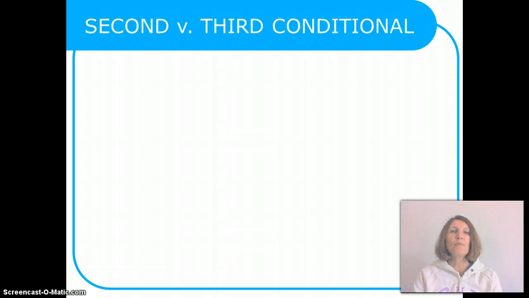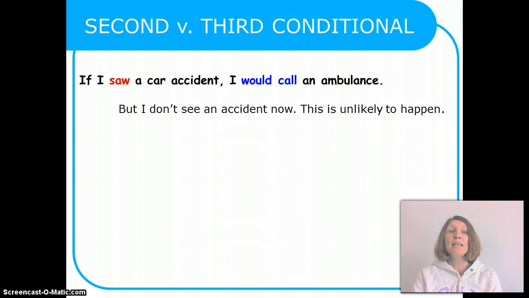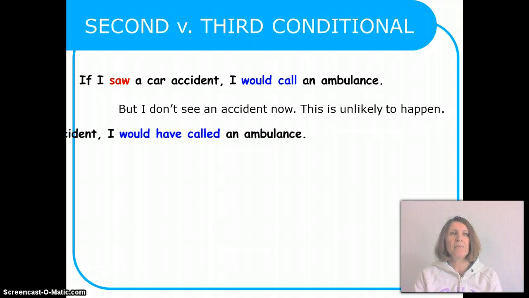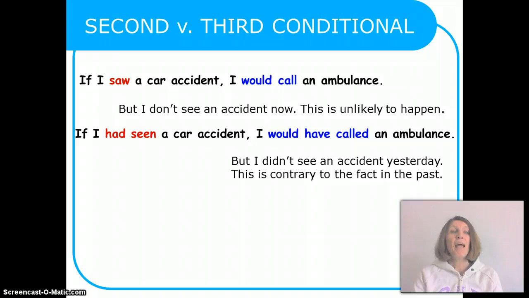Now, what's the difference between the second and the third conditional? If I saw a car accident, I would call an ambulance. I don't see a car accident now. It's unlikely I'll see one. But if I did, in that possibility, I would call an ambulance. If I had seen a car accident, I would have called an ambulance. I didn't see a car accident, so I didn't call.